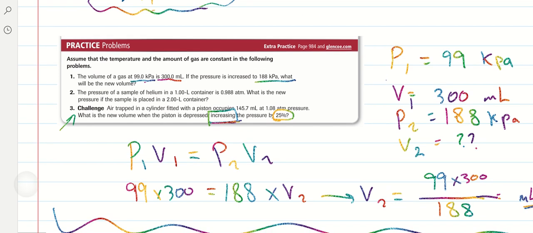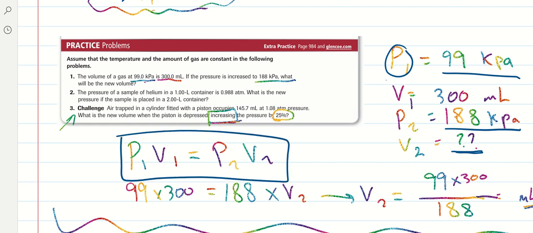The first one says the pressure is 99 kilopascal, and the volume is 300 milliliter. The pressure is increased to 188 kilopascal, and they ask you about the new volume.